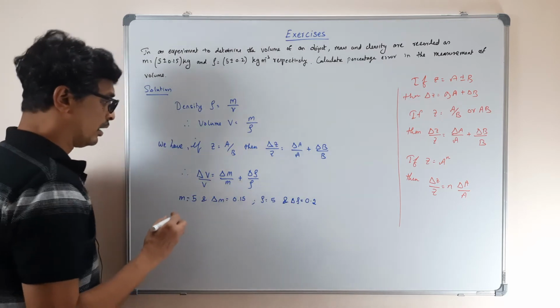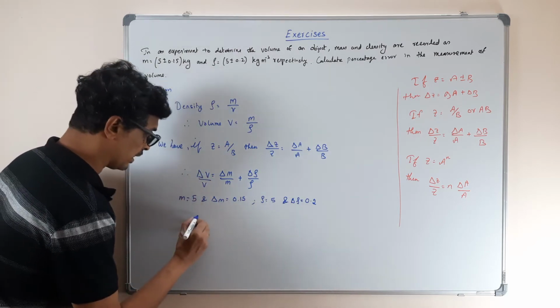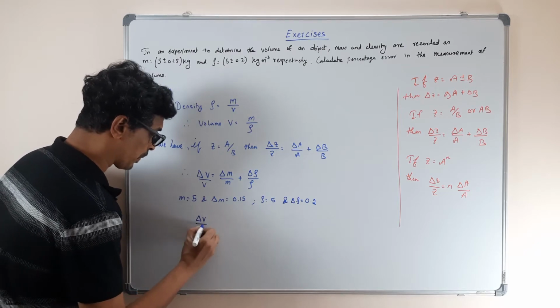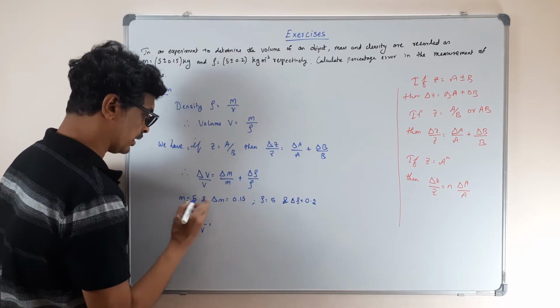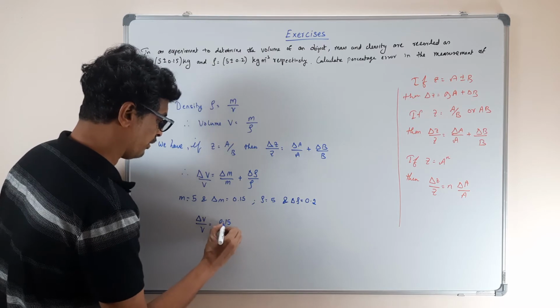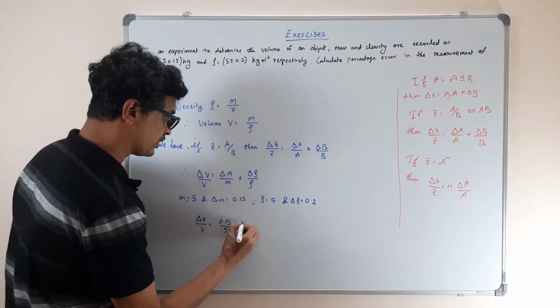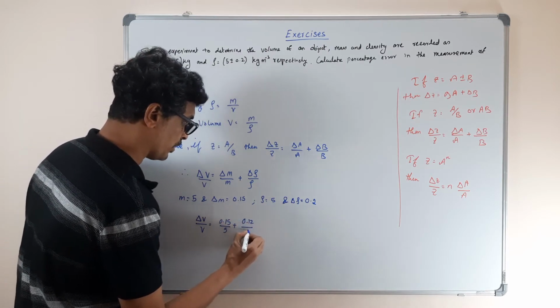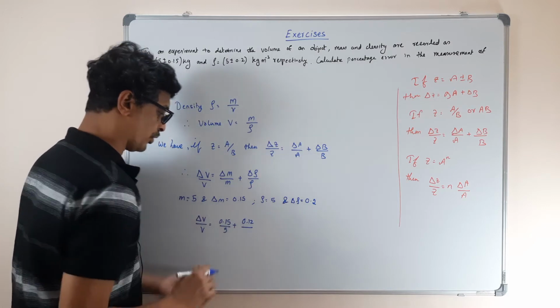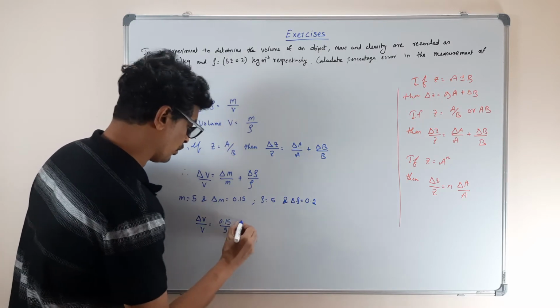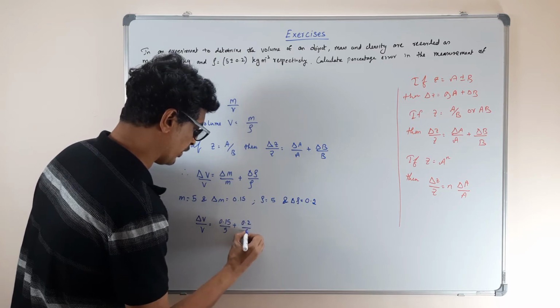Therefore delta V by V will be equal to delta M, 0.15, divided by 5, plus 0.2 divided by 5, correct?